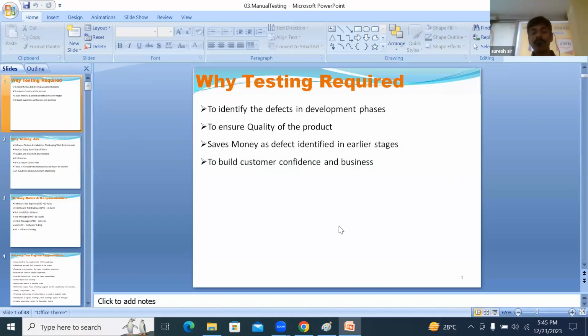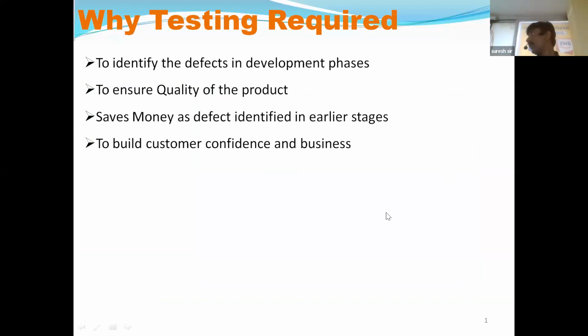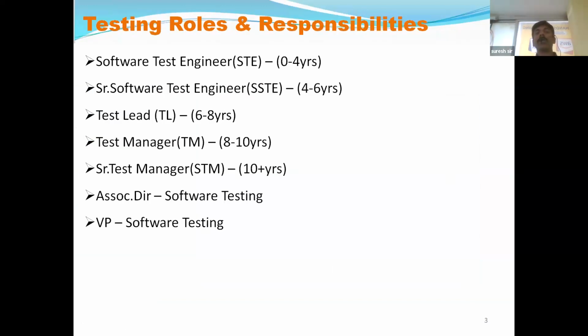First we have to understand why testing is required, and after that we need to understand testing roles and responsibilities.